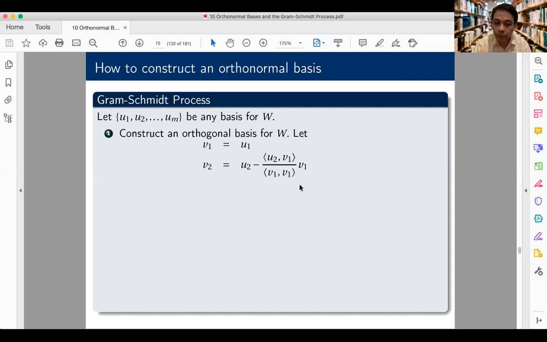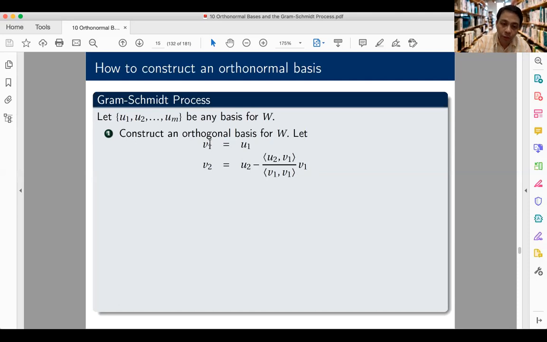So this term here is the projection of U2 on V1. And earlier we said that U2 minus its projection is orthogonal to V1. So U2 minus this projection is orthogonal to V1. And that makes V2 orthogonal to V1. Okay, so now we have a pair of orthogonal vectors.